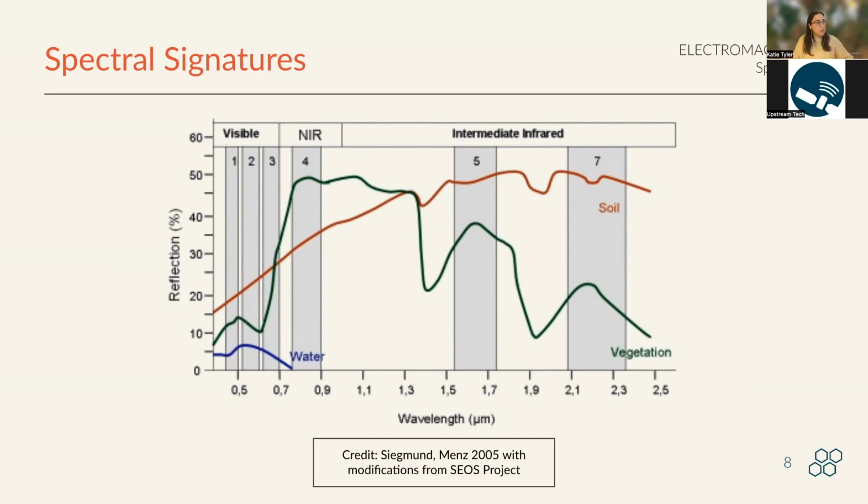So this concept, these spectral signatures, are pretty foundational, and they really underpin people who develop different indices in remote sensing to help us specifically look at vegetation, for instance.